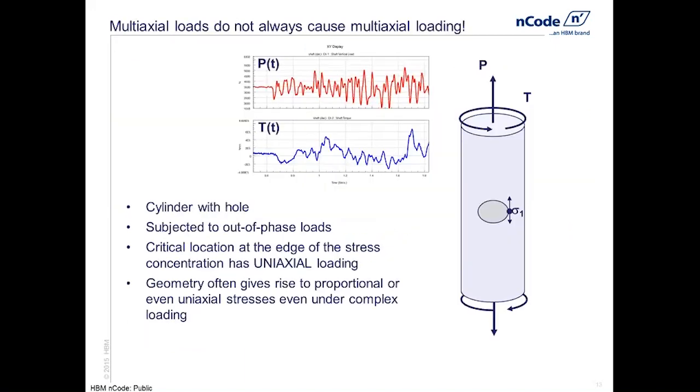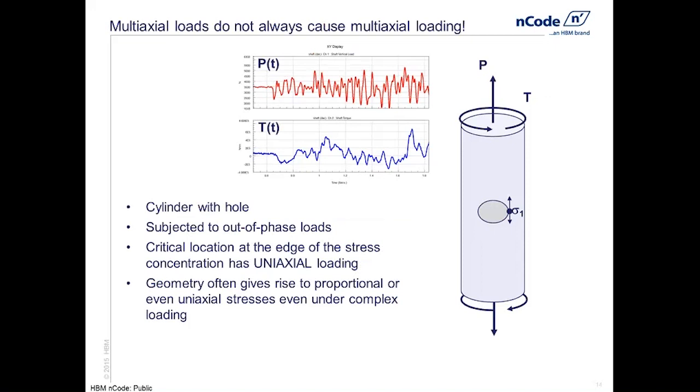Okay, now the case described on this slide is very important because it shows how multi-axis loads on a component do not always lead to multi-axial loadings, that is, multi-axial stress state variations. So let's take the hollow cylinder from the last example and we'll introduce a hole into it.